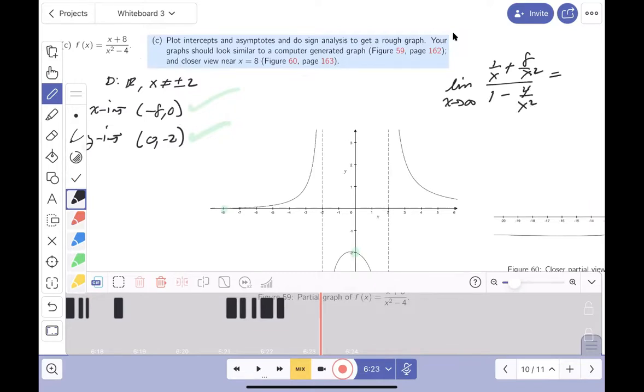Well, clearly the top would be 0 and the bottom's 1, so that's 0. And the next one's going to be the limit as x goes to minus infinity, 1 over x plus 8 over x squared, over 1 minus 4 over x squared. Clearly the top is 0, the bottom is 1, so you get 0. So what's the horizontal asymptote? It's y equals 0. Now, I really don't see that drawn there, so I'm going to put it in for you.